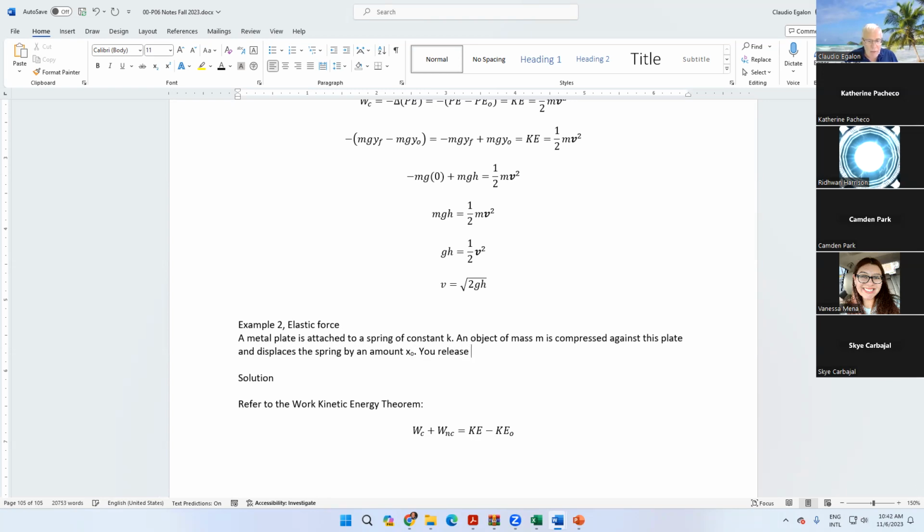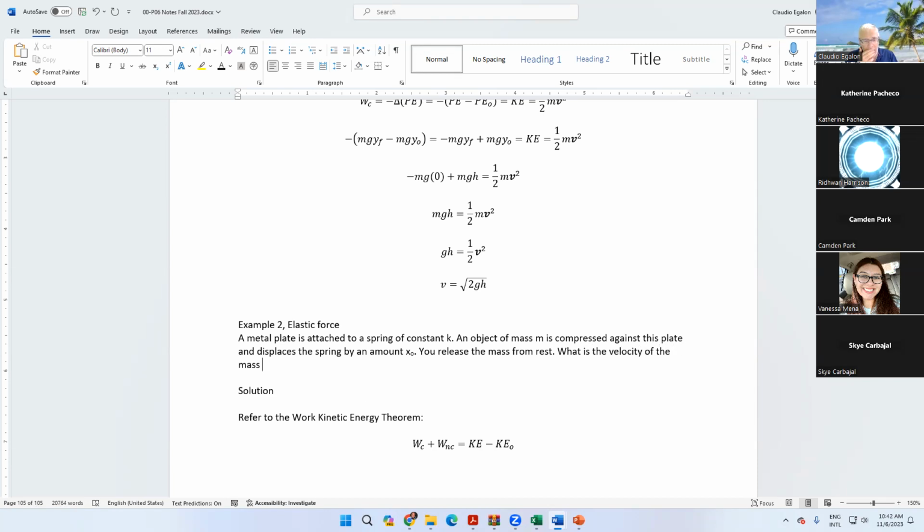You release the mass from rest. What is the velocity of the mass at the position of equilibrium when the mass loses contact with the plate?